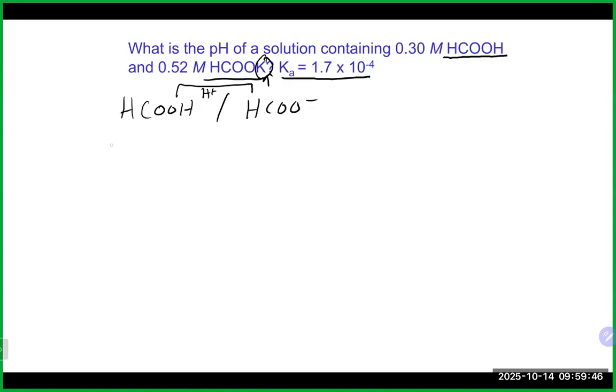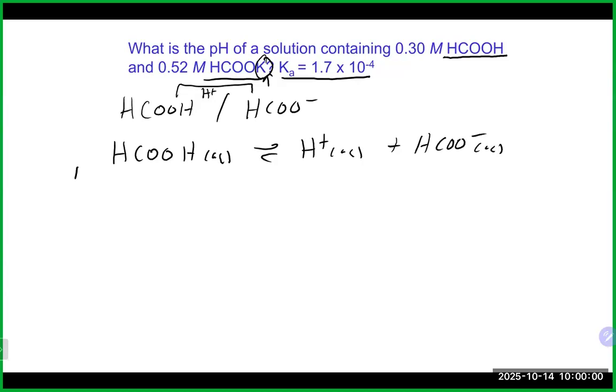If you wanted to choose to do the ice table approach, I would take the weak acid and break it apart like you're doing a Ka problem, and this would break apart into H plus and formate here. Initially we have 0.3 molar of our formic acid, and 0 here. Remember, though, the potassium formate is going to break apart into potassium ion and a formate ion.